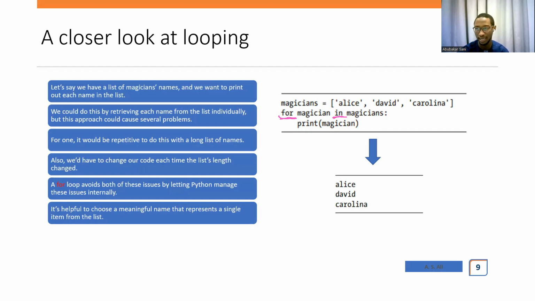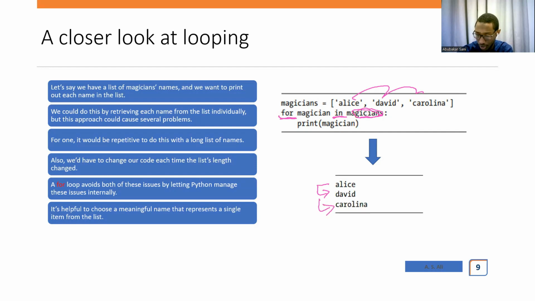Otherwise, you will have an error. We have our list called magicians, and we're going to take each element of this list. For magician in magicians, what are we going to do? We are going to just print magician. So when we run this code, we are going to see the computer printing Alice, David, and Carolina.